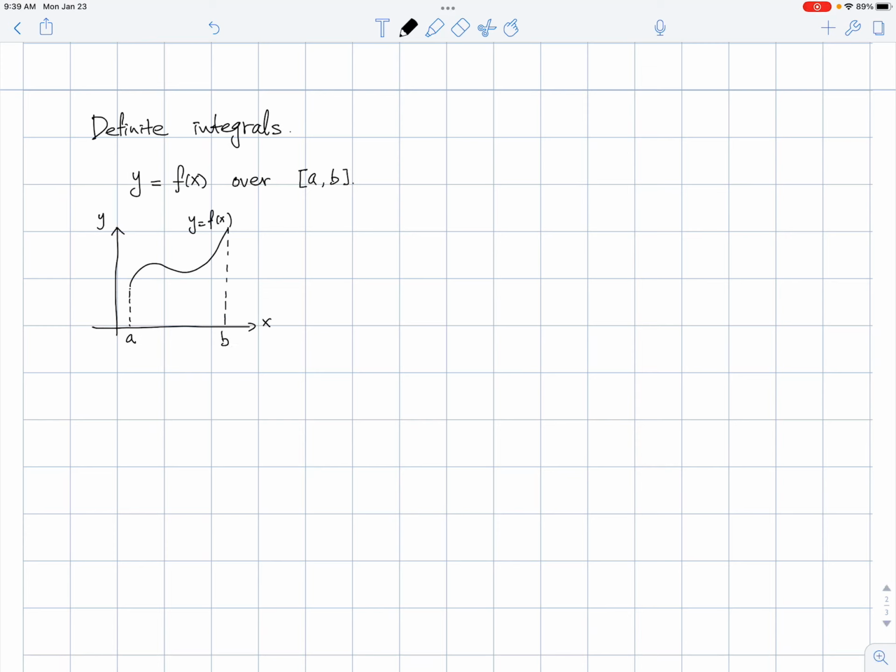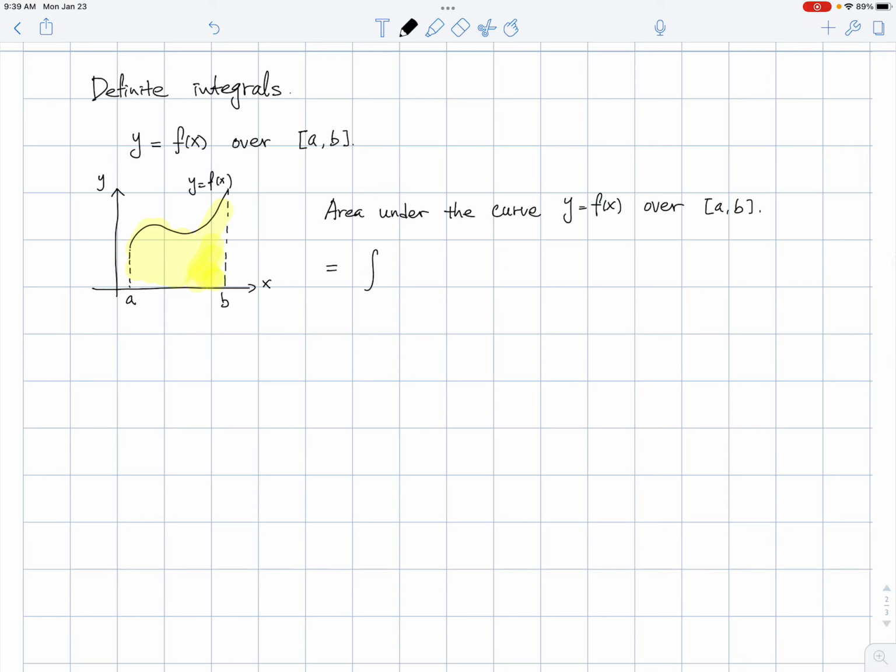All right, so then the area under the curve y equal to f of x over the interval ab is given by the definite integral of this function from a to b.